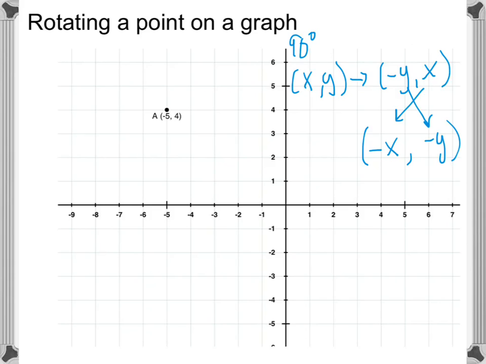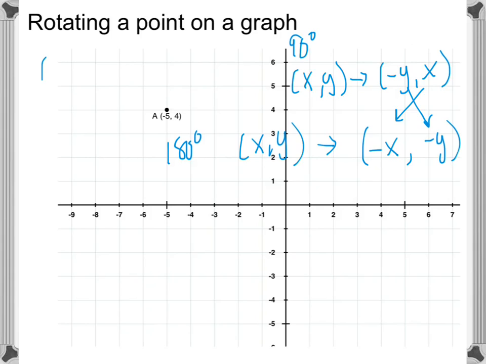So a 180-degree rotation would take your x and y coordinates and do that with them. If someone just says rotate something 180 degrees, you don't have to do two 90-degree rotations. Just make your x negative and your y negative.